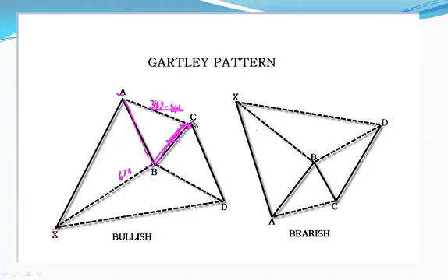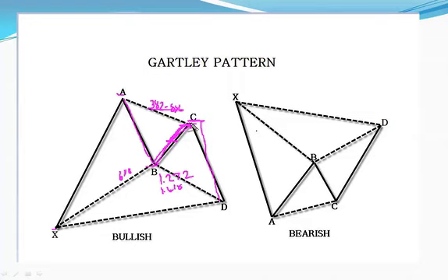And then when the market goes from C down to D, that's that extension we were looking at, the 1272 to 1618.